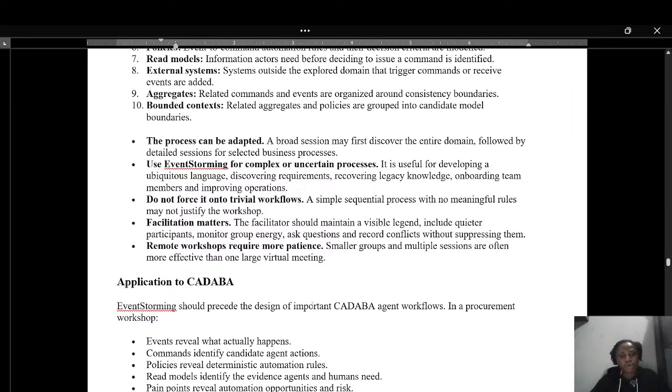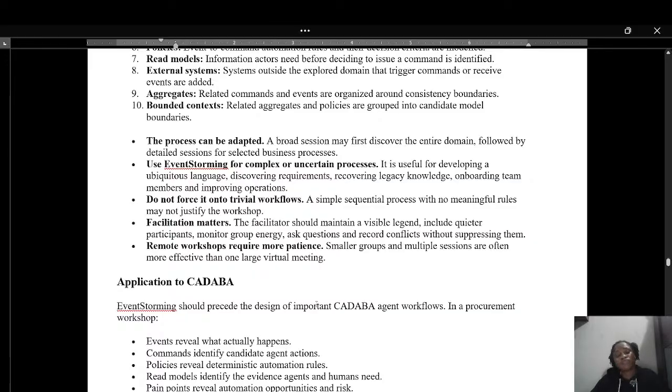So remote workshops require more patience. If you have members that are working remotely, for instance, you should exercise patience. Maybe you can organize small groups.